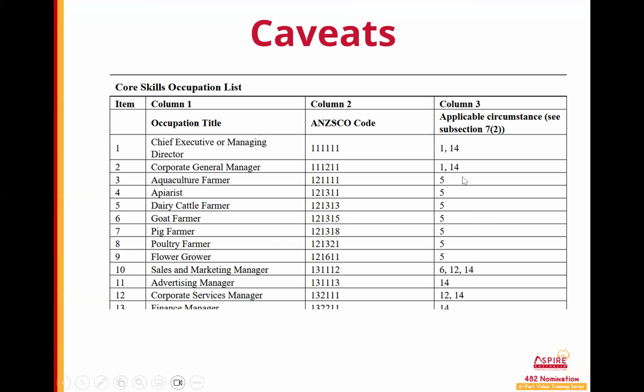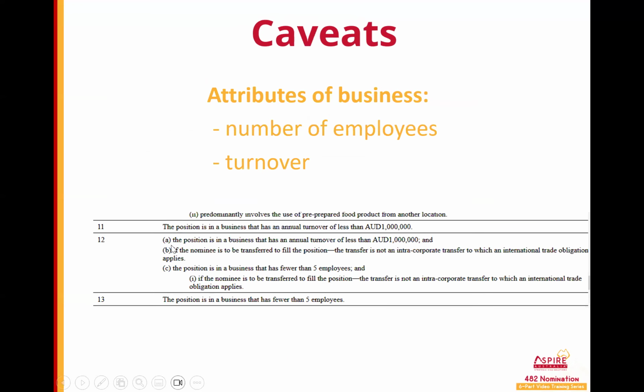Some occupations have what are called caveats, as you can see in column 3. This prevents some specific positions from being nominated, despite being part of the occupation group. Caveats can relate to the attributes of a business, as we see here.